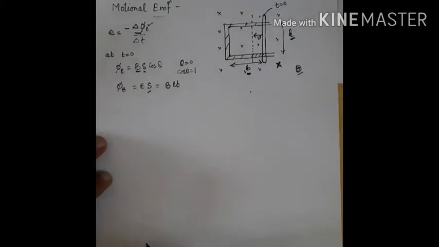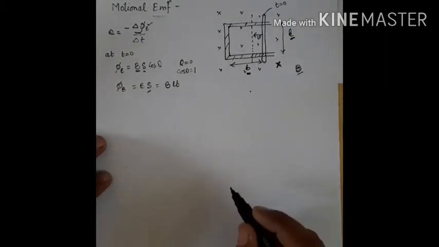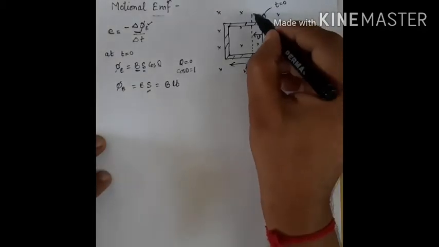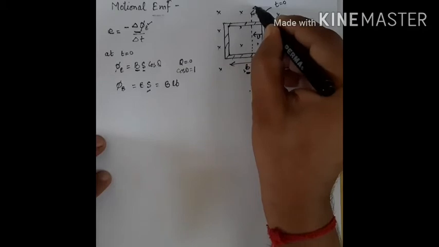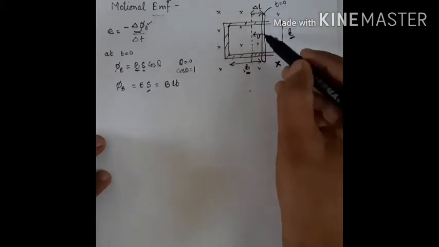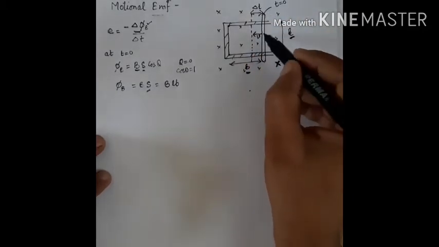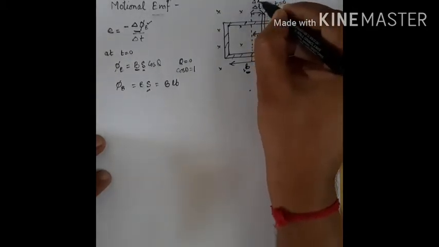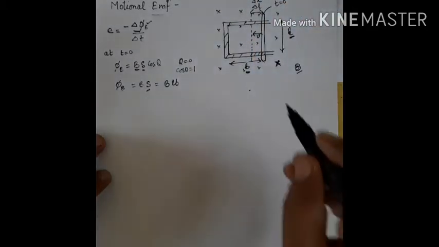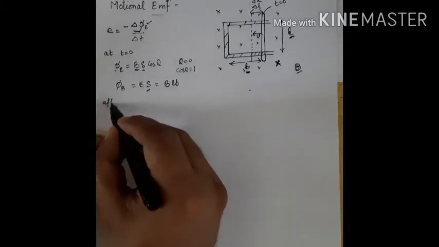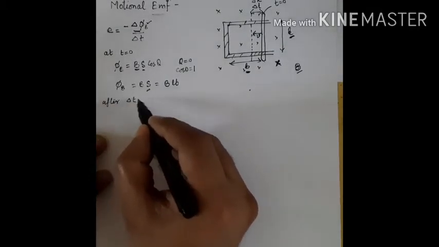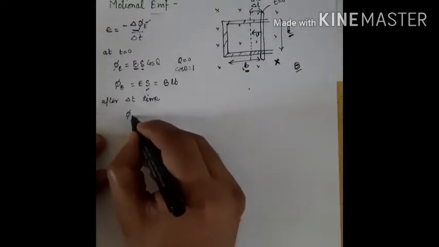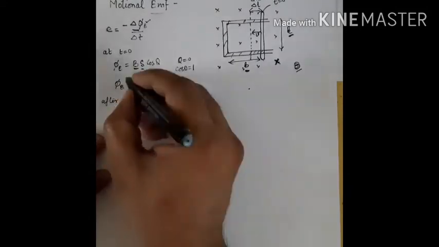Now I want to calculate the magnetic flux after some time, for a small interval of time, let it be delta t. The rod has moved to this position, so it has covered a distance of delta x. After delta t time, I take the magnetic flux as final, and this is our initial.